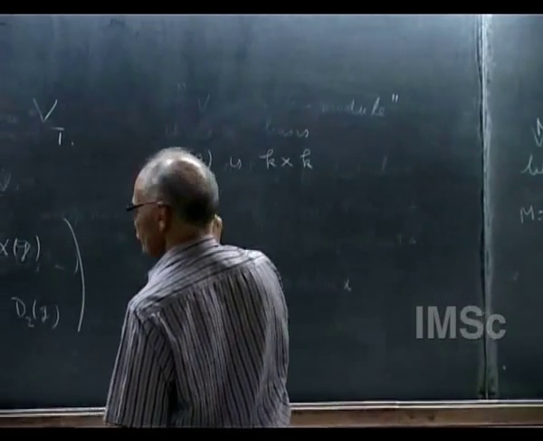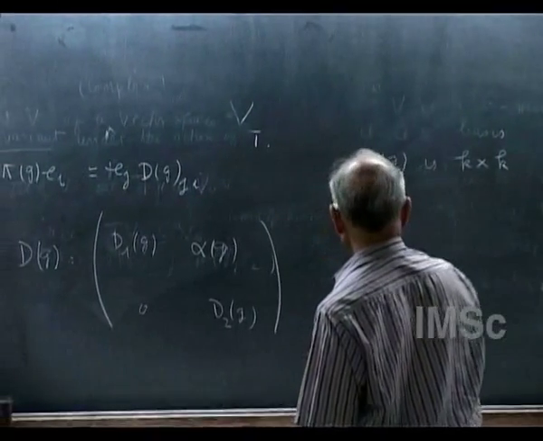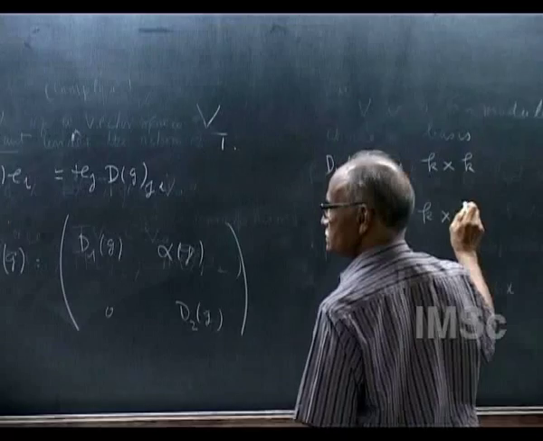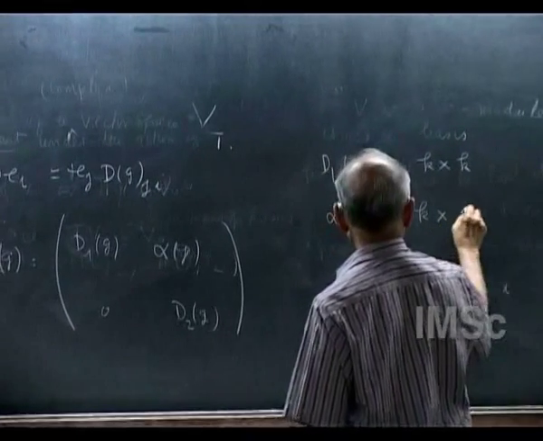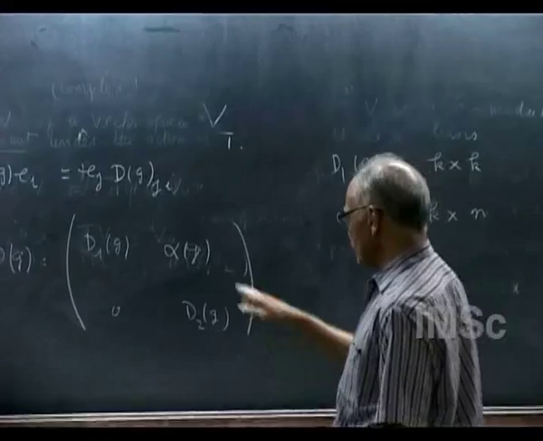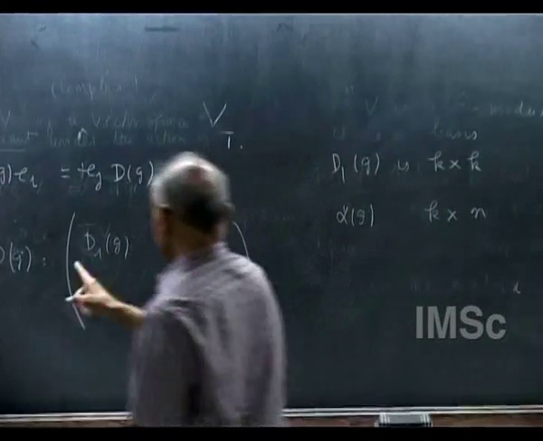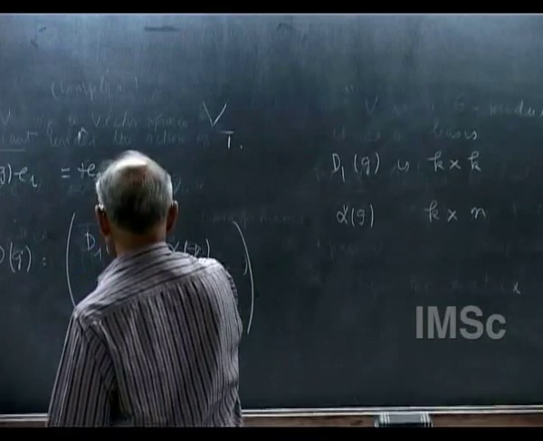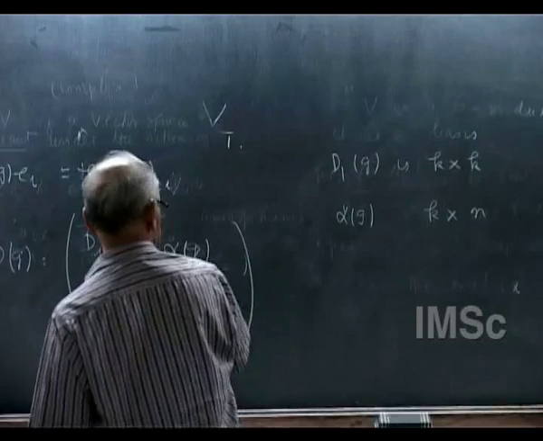Alpha of g will be, let us see the number of rows and columns: this is k, this is k. So it will have n columns and k rows.